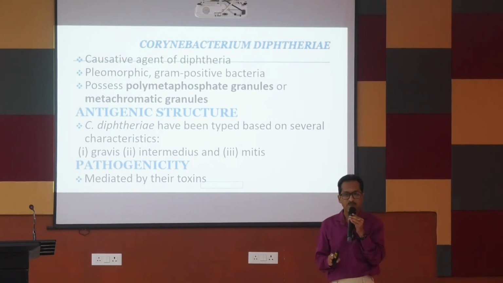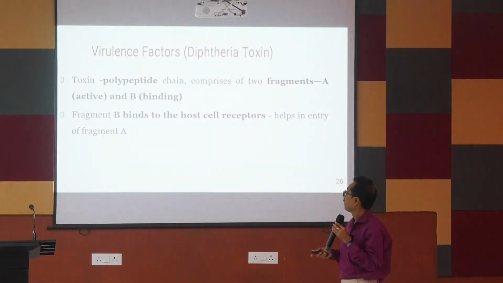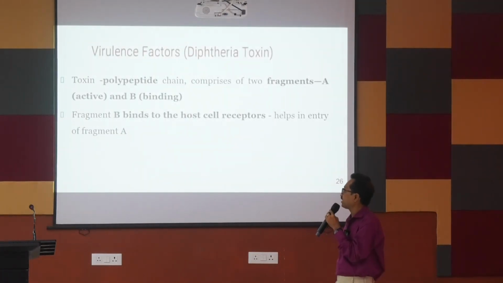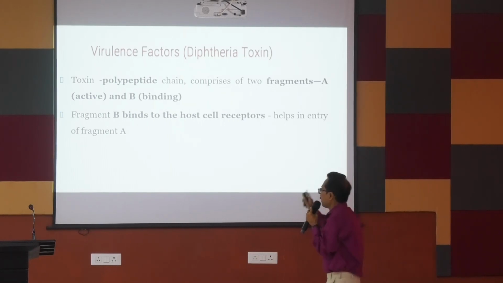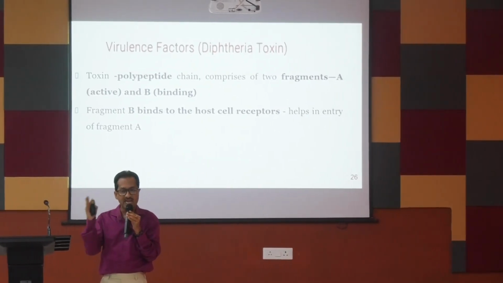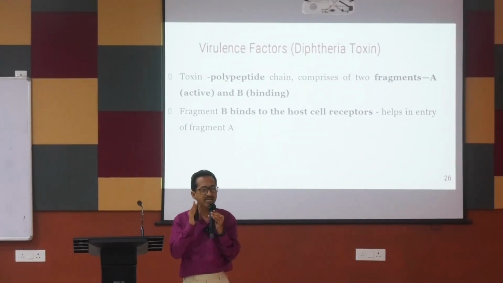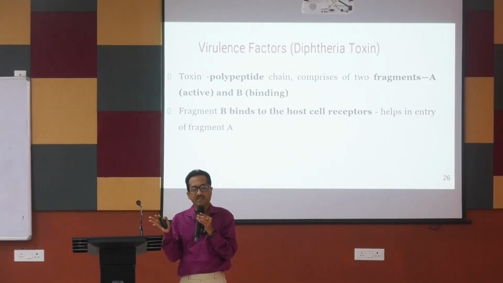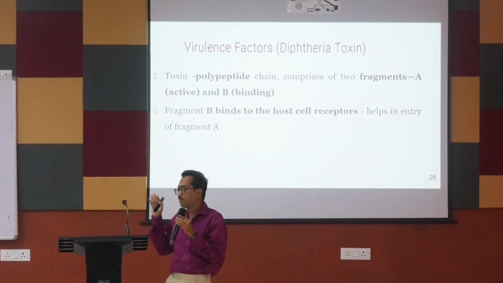Now the pathogenesis of Corynebacterium diphtheriae. It is mostly due to toxin only. No bacteremia is there. Now, virulence factors. What are the virulence factors? One is the toxin, a polypeptide chain composed of two fragments, A and B. Whenever you get any toxin with A and B parts, A is always the active part and B is the binding part.